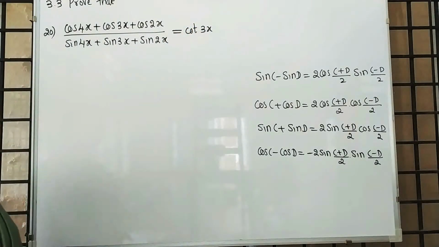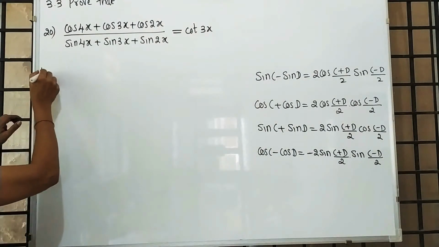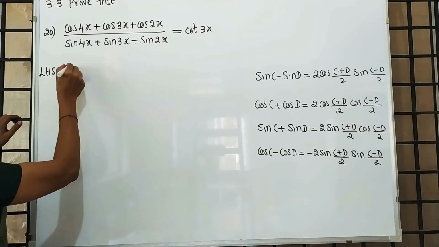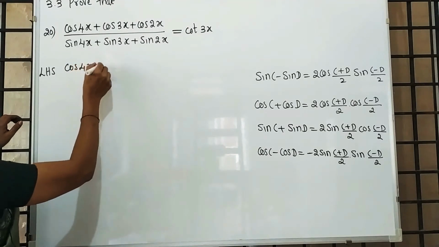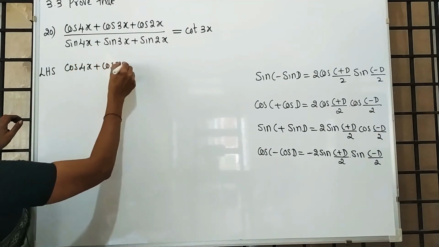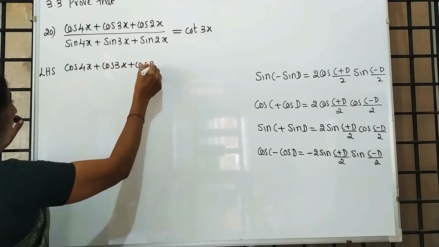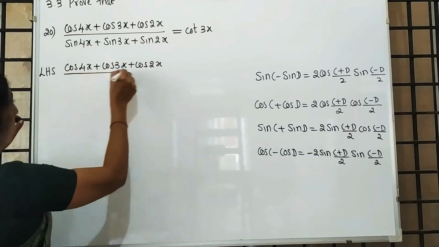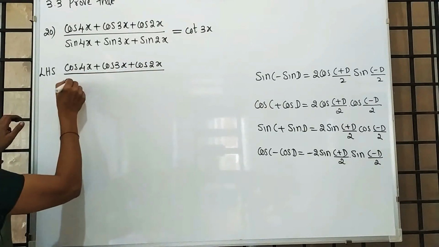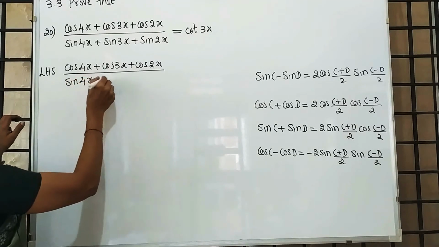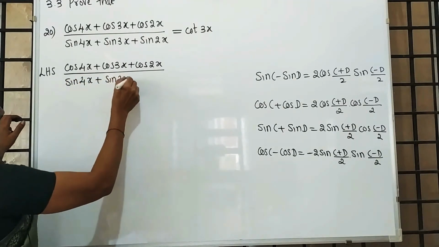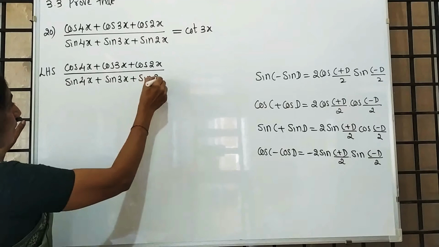See here, first write down the LHS: cos 4x plus cos 3x plus cos 2x divided by sin 4x plus sin 3x plus sin 2x.